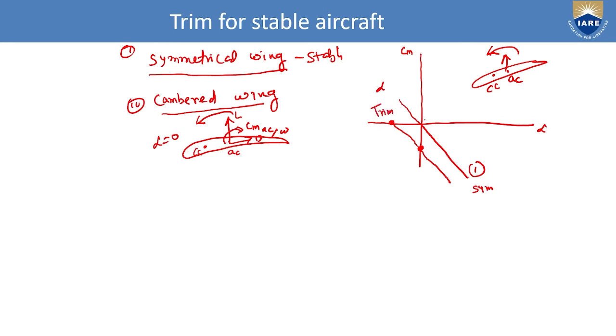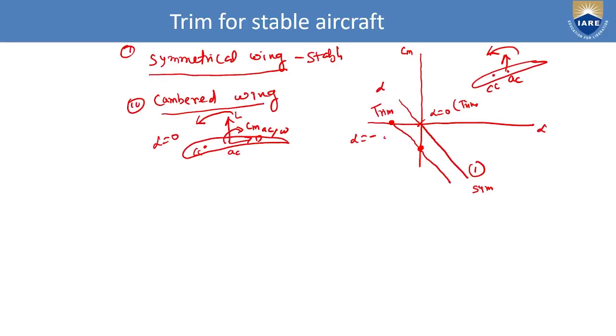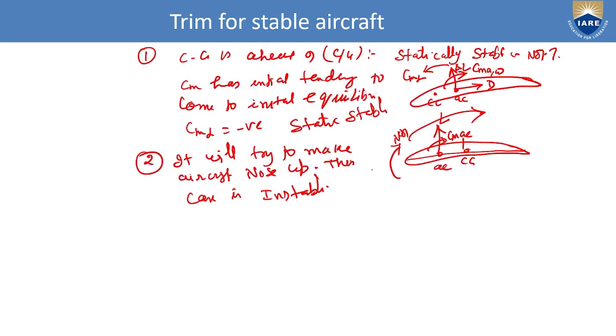Means in this case, alpha is equal to 0. It is a trim for symmetric. But here alpha is equal to some minus value. At minus value, this will work. Okay, so at minus value, it will work.